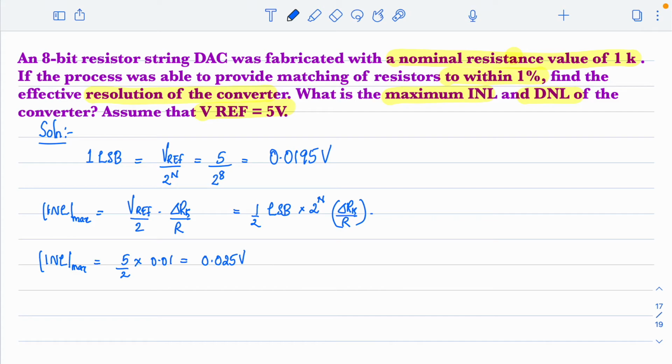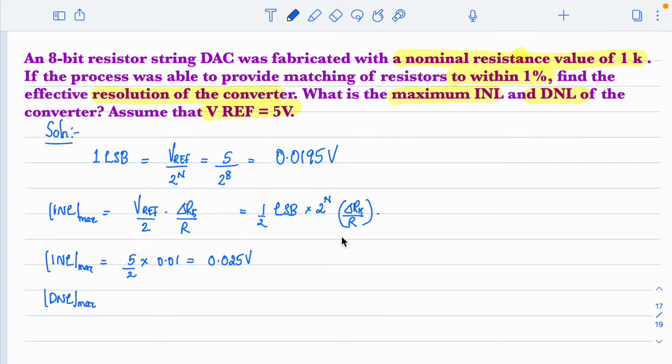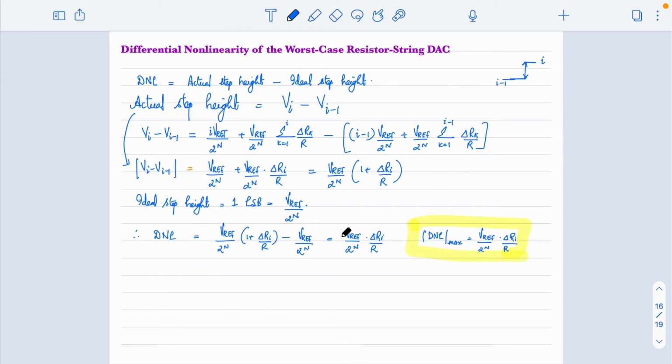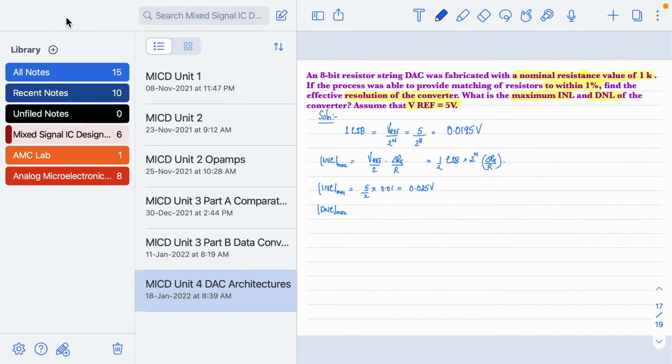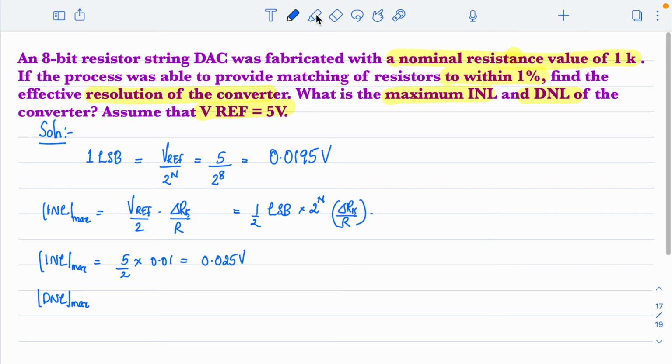Right. You can also calculate DNL max. What is DNL max? DNL max is Vref by 2 to the power of n into delta Ri by R, right? So you can write that also here.